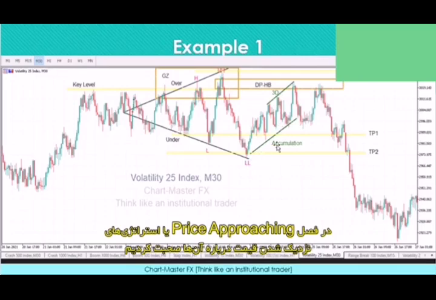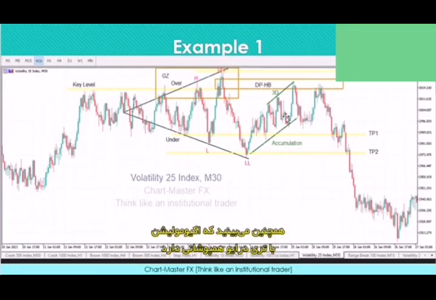You are going to see what we mean by accumulation when we discuss one of the price approaching strategies. And you can see also that we had a confluence whereby we had accumulation and also a 3 drive, which is also one of the price approaching patterns that you need to look for.